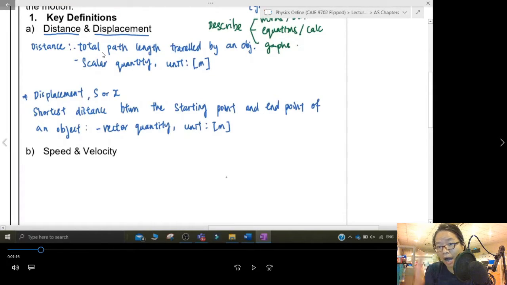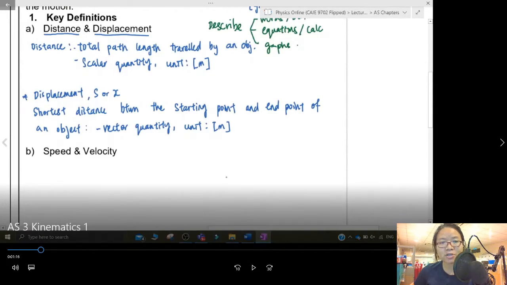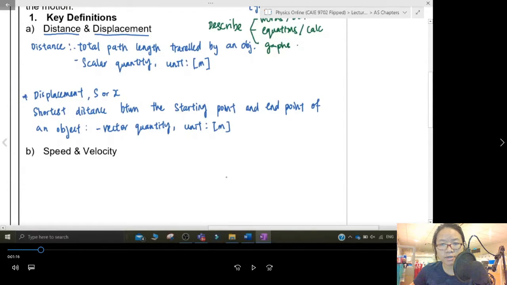My car will register the distance. If I want to measure a displacement, then I need to go on Google Maps, take a ruler, and join my house to MCKL in a straight line. Okay, so one is vector, one is scalar. So I hope you remember vector has both magnitude and direction, and scalar does not. Alright, so let me adjust the size so that it looks bigger.